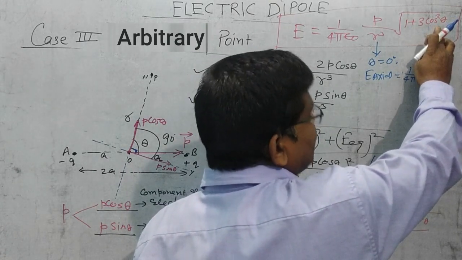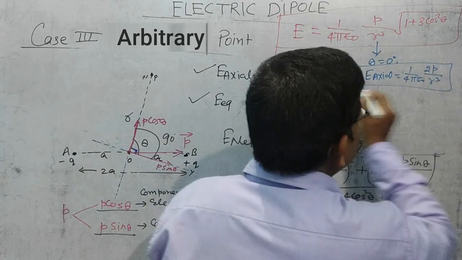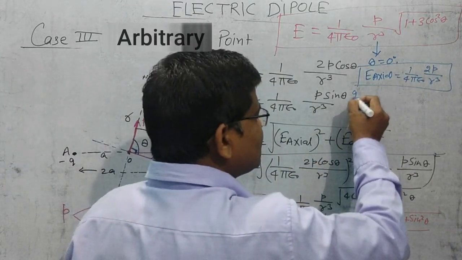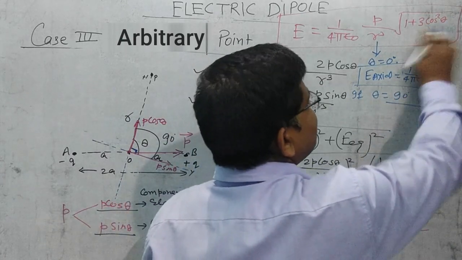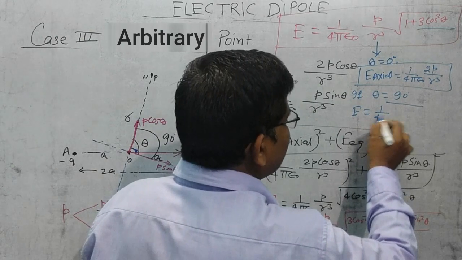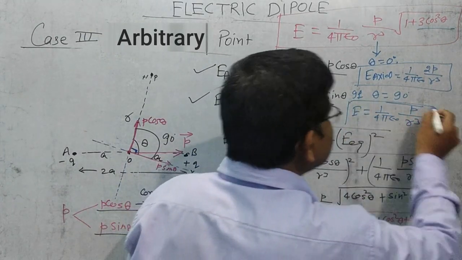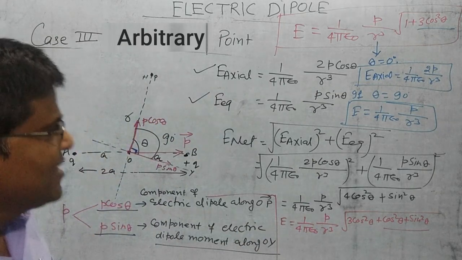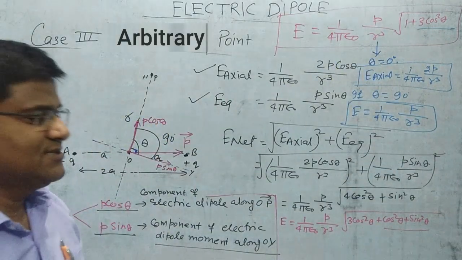Cos 0 means 1, 3 plus 1 is 4, then this becomes 2p. If theta is 90 degree, then cos is 0, and this becomes equal to 1 upon 4 pi epsilon naught p by r cube. Means in a single derivation, you derive all these 3 cases.